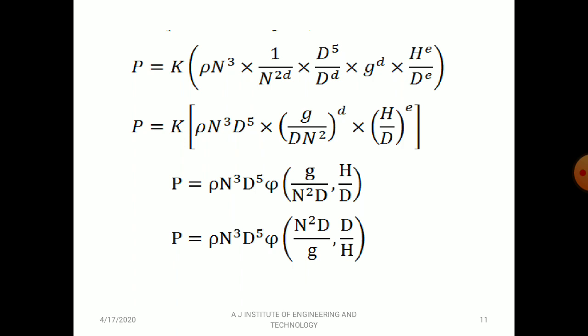Clubbing together the power d terms, one is g, another is d, and another is n, so it becomes g divided by d n square to the power d. Similarly clubbing together h and d with the power e, so h divided by d to the power e. So P equal to k into rho n cube d to the power 5 into a function of g divided by n square d, comma h by d.